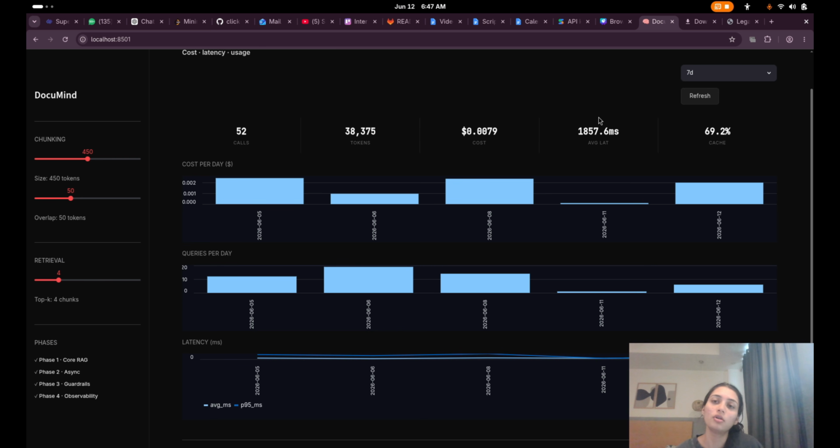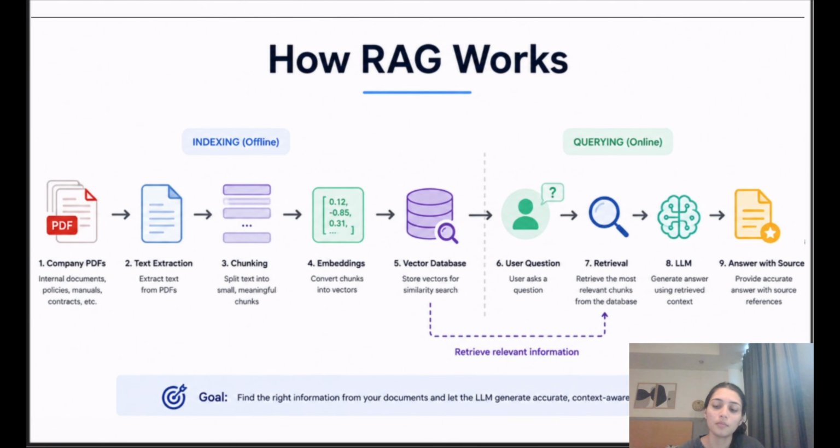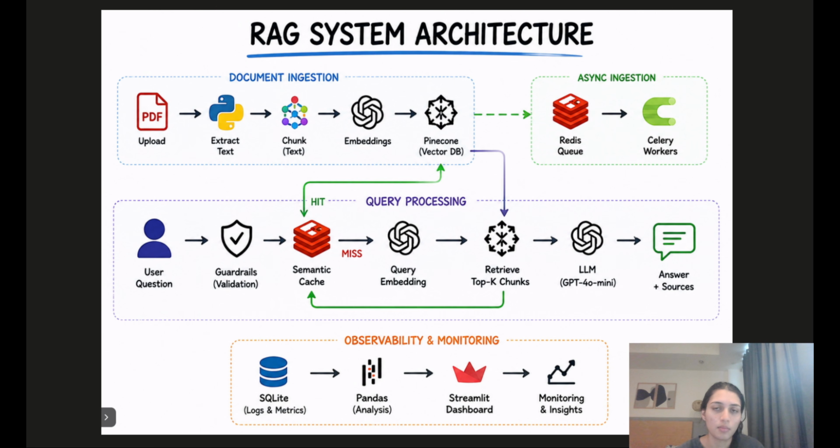Let's talk about the architecture of this project. System architecture. We didn't build this system as a monolithic system. It's been divided into 4 phases. Phase 1 is the complete core RAG pipeline, which we have talked about. We can see it in the document ingestion part.